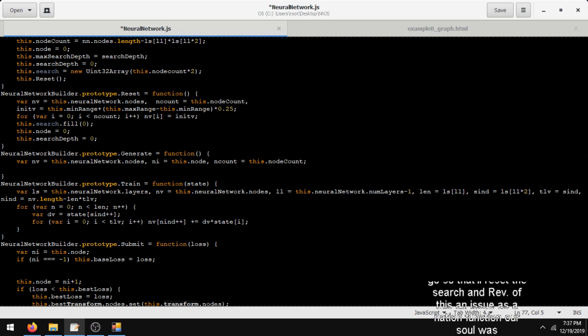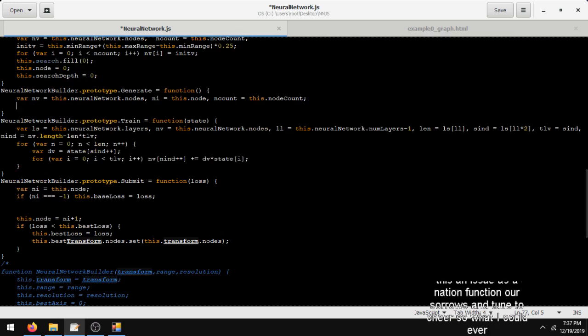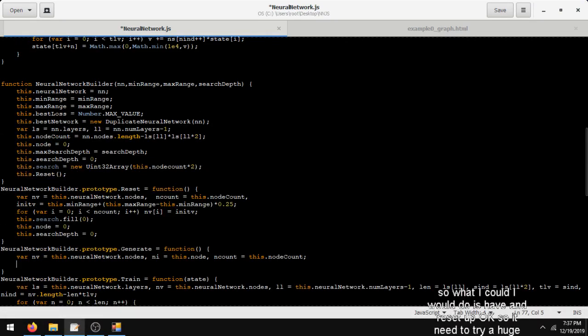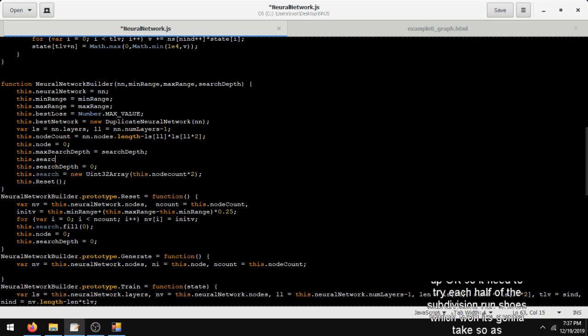So what is it going to need to do here? So what I could have it do is have it reset. Okay, so it needs to try each half of the subdivision and then choose which one it's going to take. So search loss.